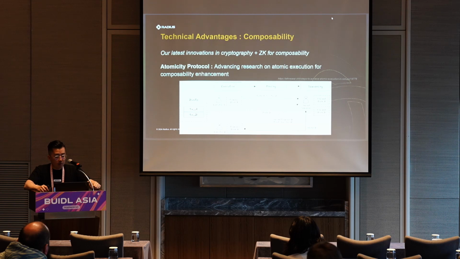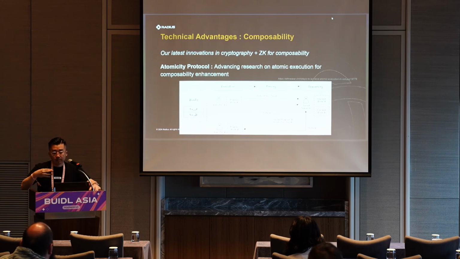So that's why we came up with this atomicity protocol, so that when a user submits some kind of flash loan transactions to the sequencing side, the sequencer guarantees atomic inclusion quite easily, and then they are also going to guarantee atomic execution by executing these flash loan transactions. How can we do that?